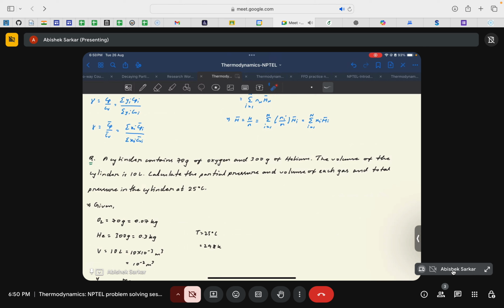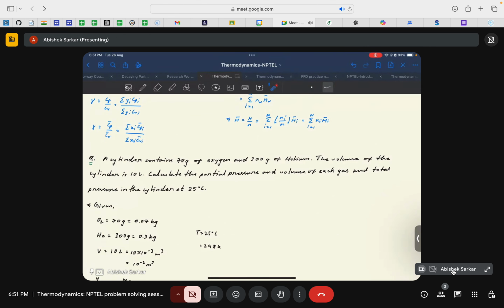That's a good practice to know, so that you can find them. And of course, the volume of the cylinder is also given, which is again a very important clue. So we know that Pi by P is equal to Xi, and so we can write Pi is equal to Xi times P. So we need to find both Xi and P in order to find Pi.